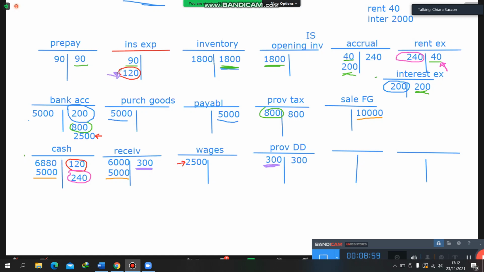We wrote in advance the expense of 120 that refers to the period from the 1st of October 2022 to the 1st of October next year, or end of September, the same.